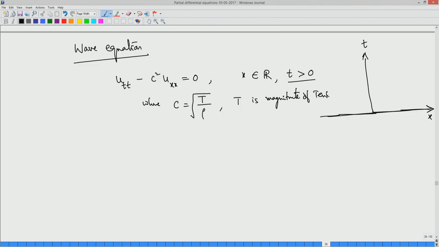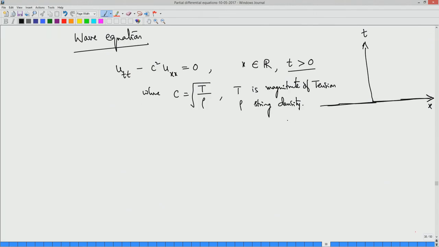So if you have an infinite string, you can model that string with this wave equation, the one dimensional wave equation, because the spatial variable is only one dimension.